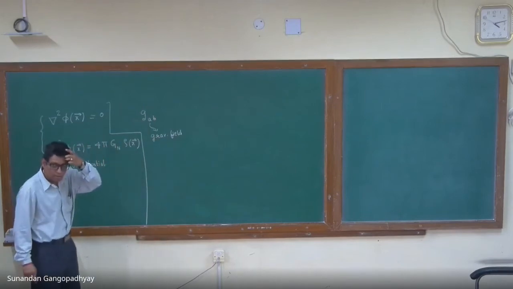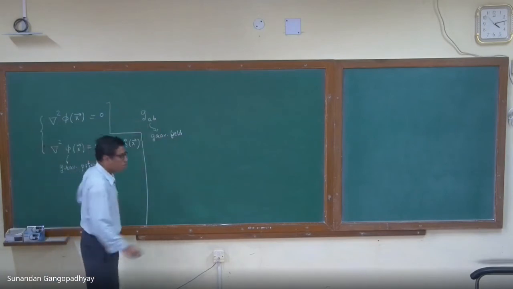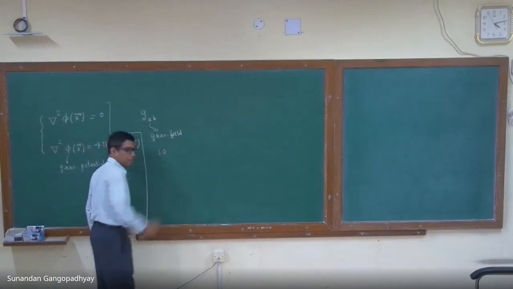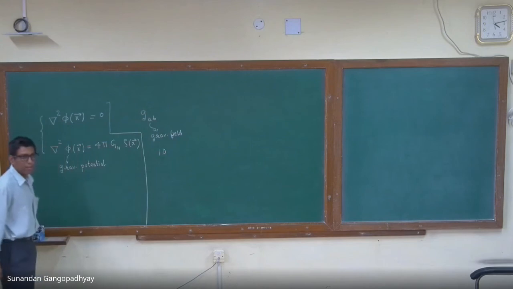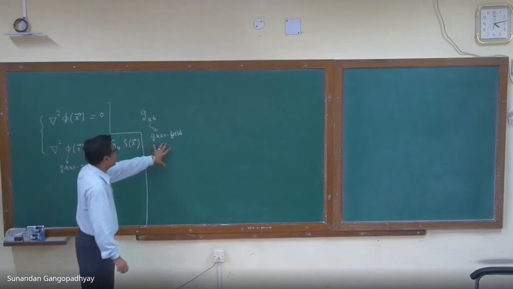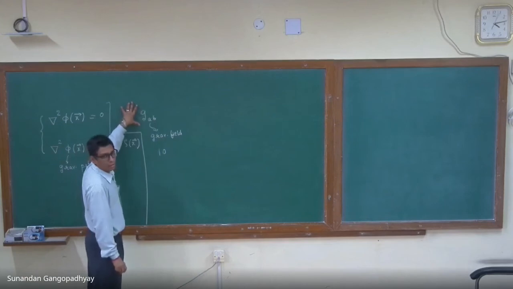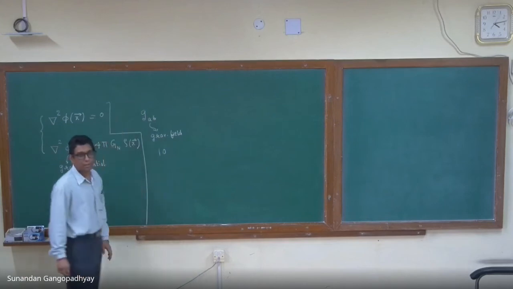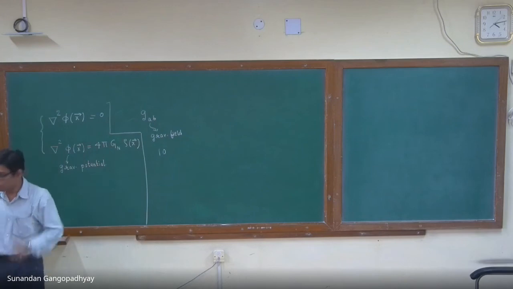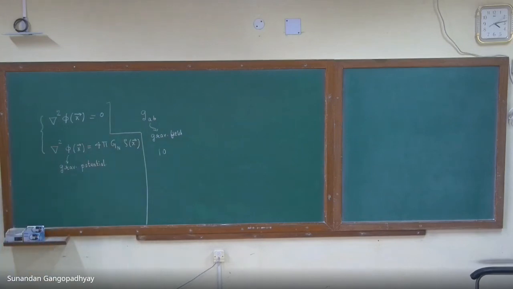This is symmetric, so we expect 10 second order differential equations. And all these 10 equations should be tensor equations, covariant under a general coordinate transformation, since g_mu nu is a tensor.